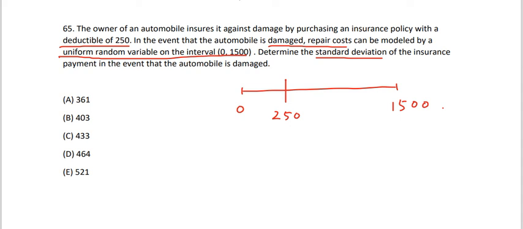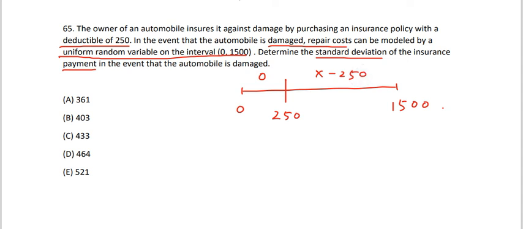For the standard deviation, we just need to find the variance, then take the square root, and that becomes the standard deviation. So find the standard deviation of the payment. Here the payment is 0, and here the payment is x minus 250, right?